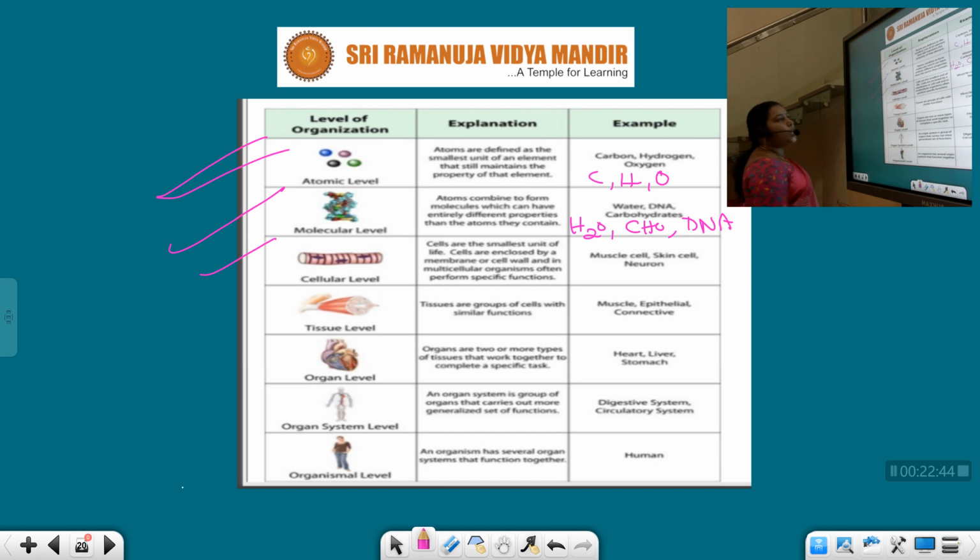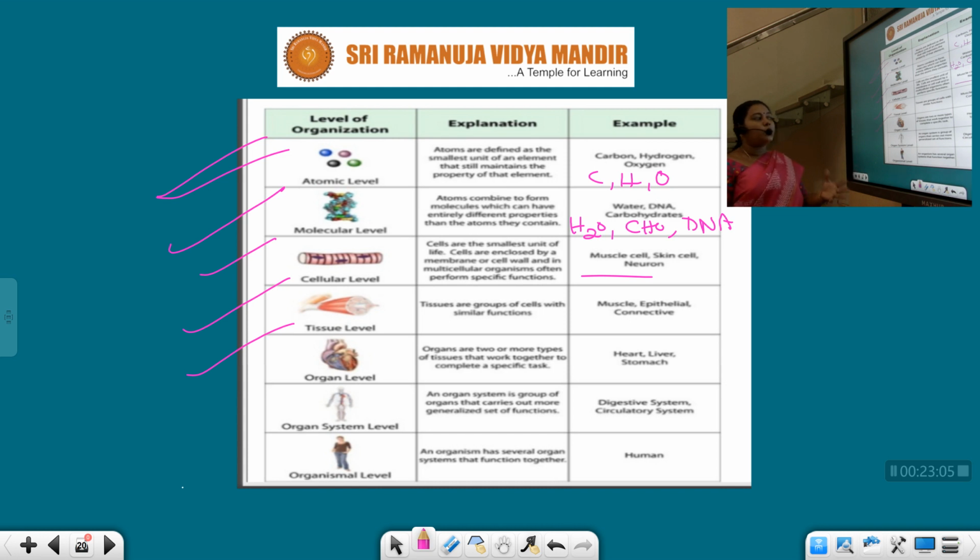Cellular level. Cells are the smallest units of life. Cells are enclosed by the membrane, cell wall, and in a multicellular organism often perform specific functions, like muscle cells, skin cells, neurons, fat cells. Tissue level. Tissues are a group of cells with a similar function: muscle, epithelium, or connective tissue. Organ level.